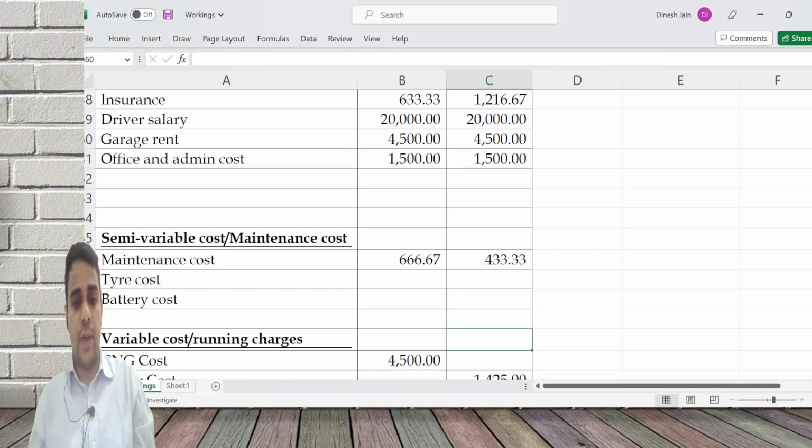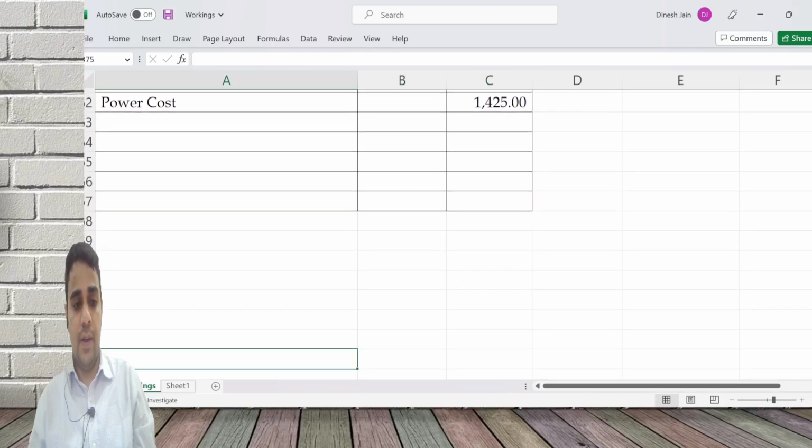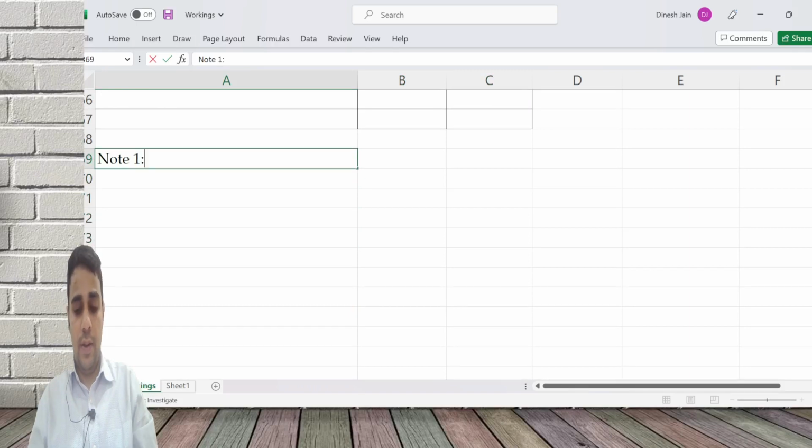Okay, let's now get into the tire cost calculation. It is going to take a little bit of time. Very important calculation. Note 1, computation of tire cost.